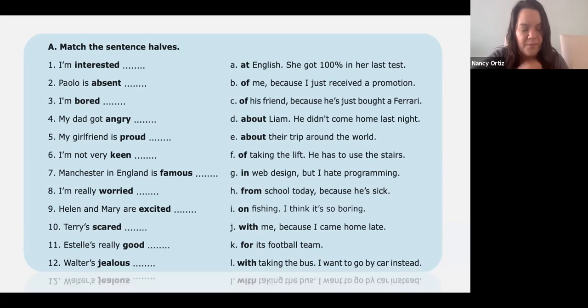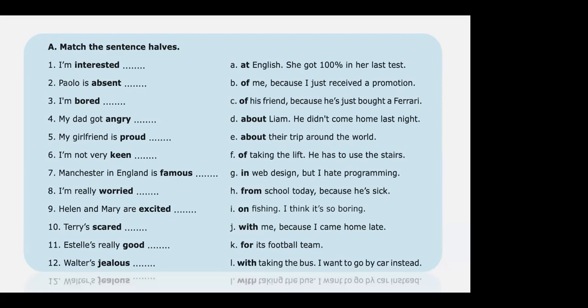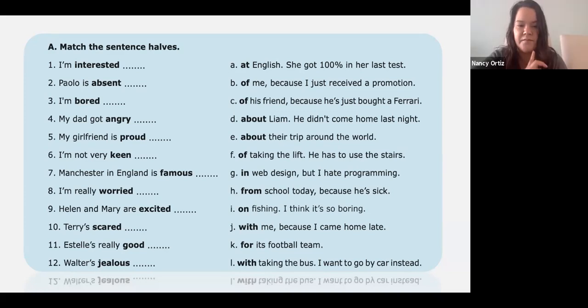Choose the next person, please. Alma, number 11. Estelle's really good at English. She got 100% in her last test. Excellent. And Alma, choose the final person to participate. Yes, Ismael.